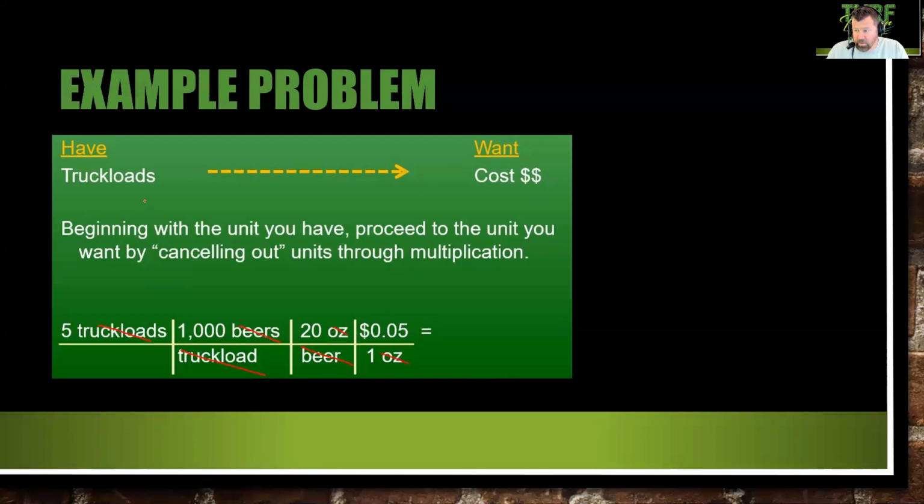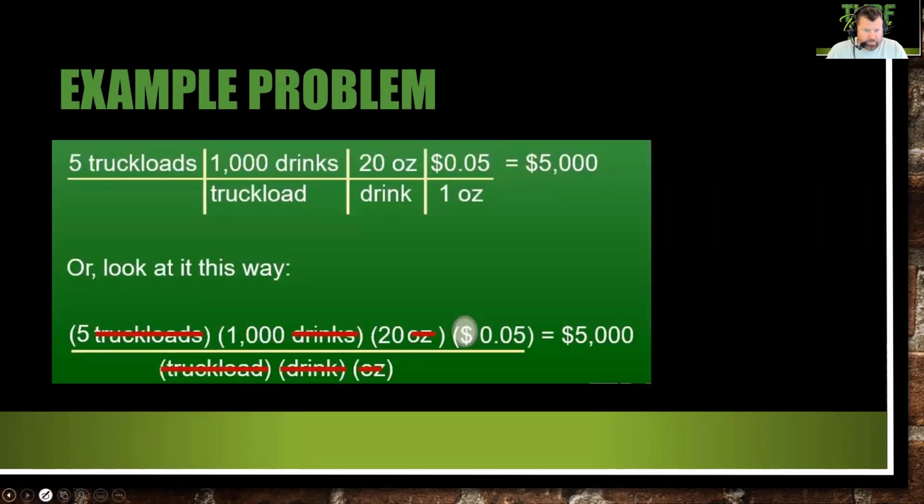And remember, we started with truckloads and we're wanting to get to the dollar sign, our cost. So if we multiply everything out, it's going to be $5,000. So 5 times 1,000 times 20 ounces times 0.05 gives us the $5,000.